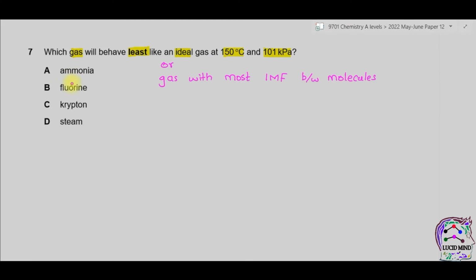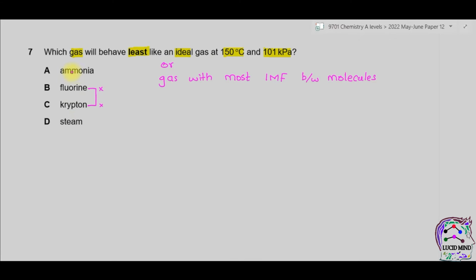So we know among these four, ammonia, fluorine, krypton and steam, these two are noble gases, so they have minimum force of attraction between their atoms. So it is not B or C. It could be ammonia or steam.